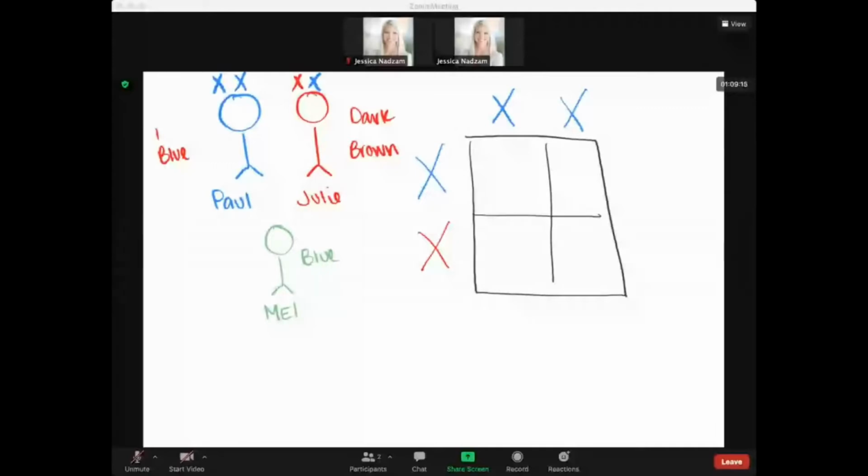So if you go and fill this out, there's actually only a 25% chance with my parents of having that, oh, whoops, not 25%. There's actually only a 50% chance of having that eye color, having brown eyes.